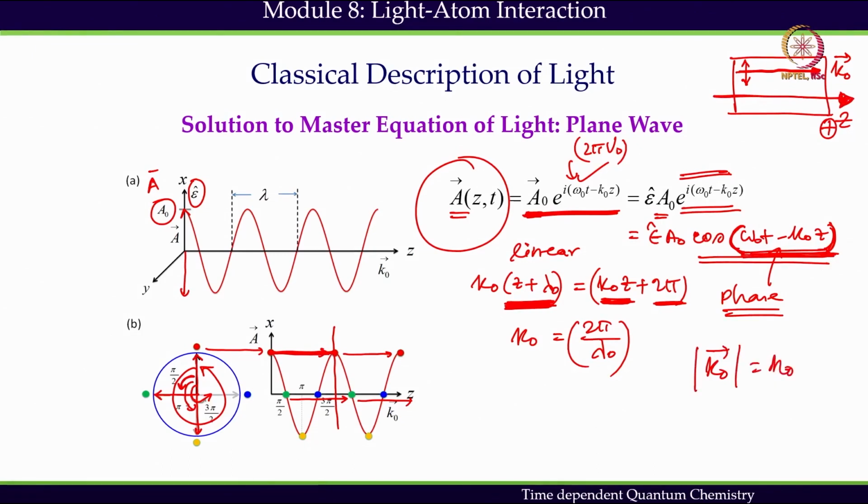A naught is the maximum amplitude of the vector potential, and this light wave propagates with a velocity Vp, which is omega naught by k naught. So Vp equals C, because we are working in vacuum. All these relations we get out of this as a consequence of the plane wave.